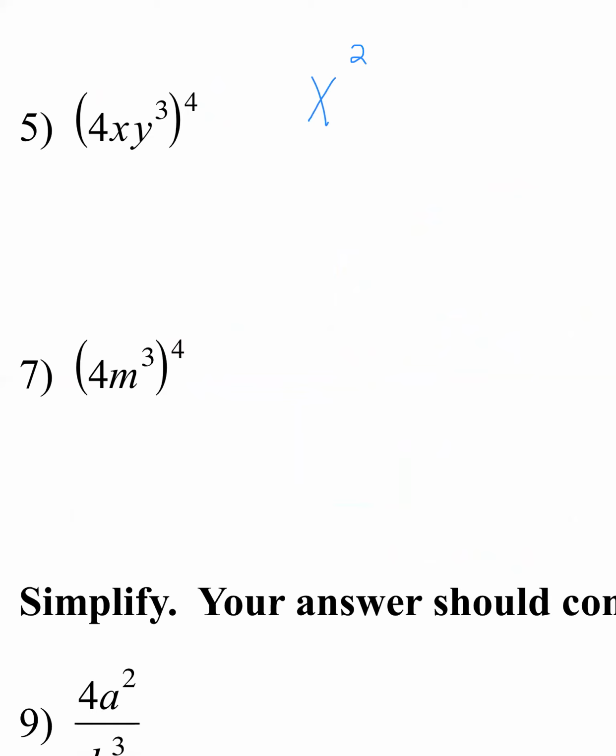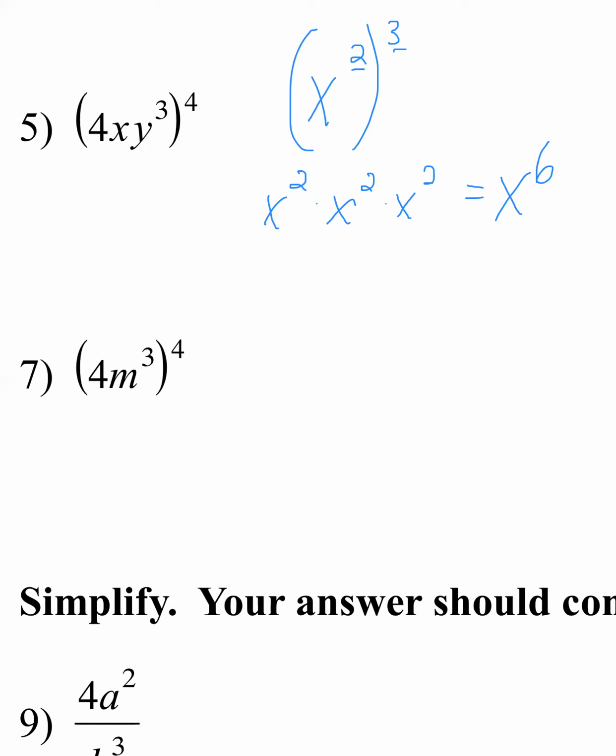If I take x squared and then I cube it, so now I'm raising a power to another power. What happens here? Well, let's do it out. If I do x squared and I cube it, wouldn't that be x squared times x squared times x squared, right? And then now I can use my product property. 2 plus 2 plus 2 gets me x to the 6th.